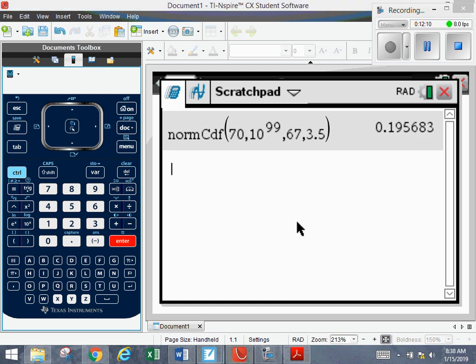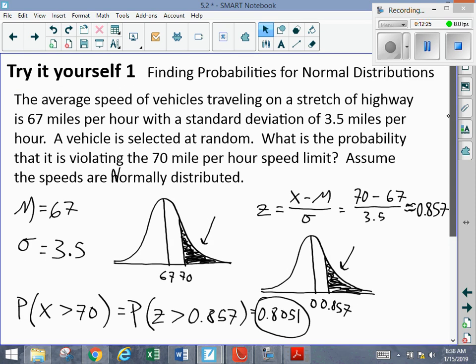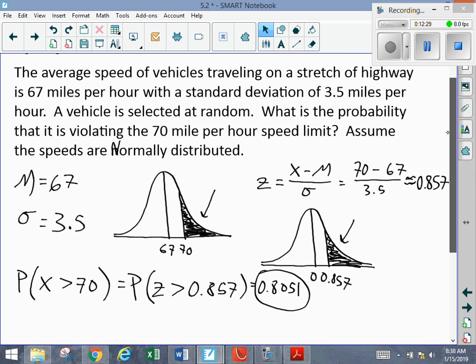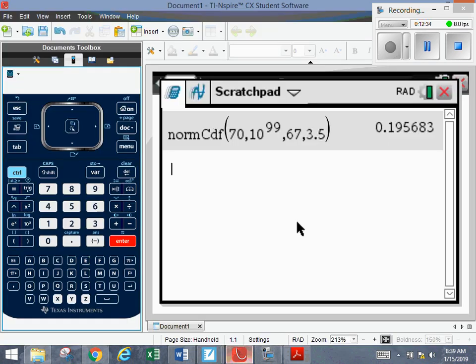Did I get numbers wrong? Maybe so, you can see that. Did I put what? Did you need to put CDF or PDF? Did you put CDF? No, it should be CDF. 67. Did I put some numbers in wrong?